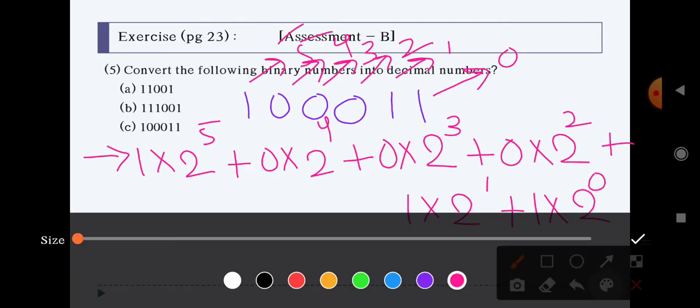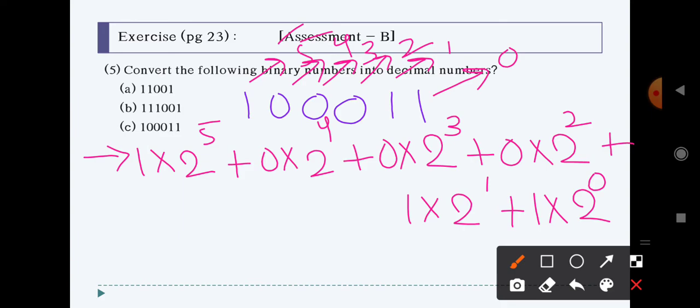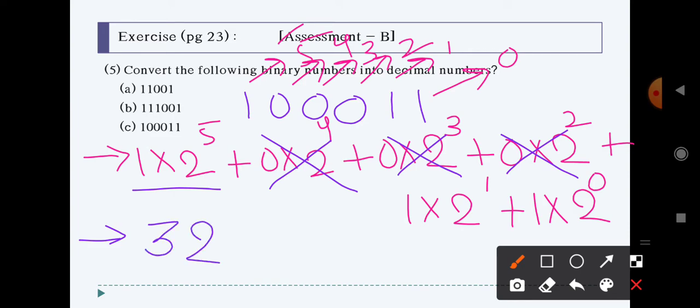Okay, now the next step is what? You just cut down the zero quantities, so this will get cancelled, this would also get cancelled, this will also get cancelled. After that you solve this 2 to the power 5, multiply 2 five times, you will be getting 32. After that you will have 1 into 2 to the power 1, you will be getting plus 2.